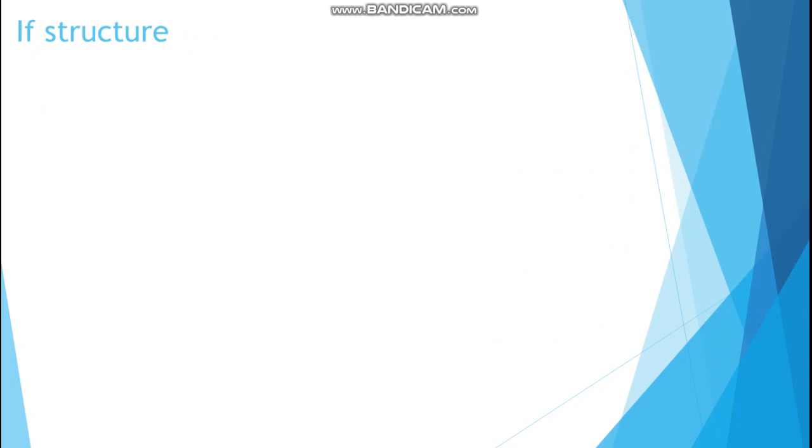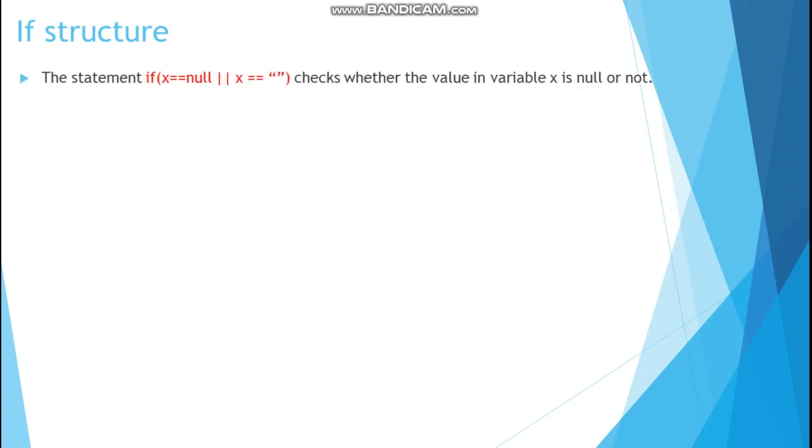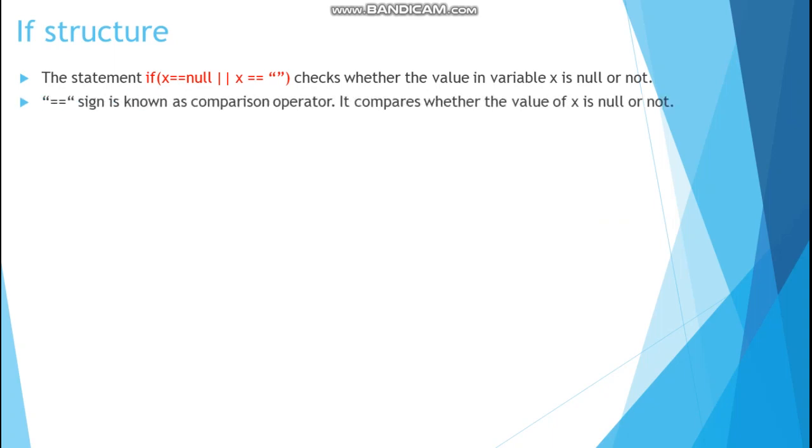In this if structure, the statement if x double equal to null or x double equal to double inverted comma checks whether the value in variable x is null or not. Here remember null means nothing. The double equal to sign is known as the comparison operator.